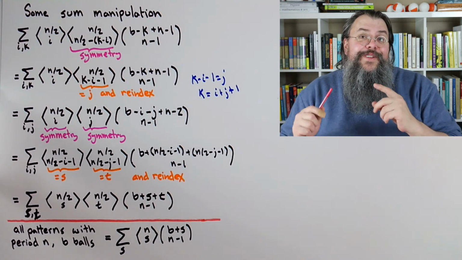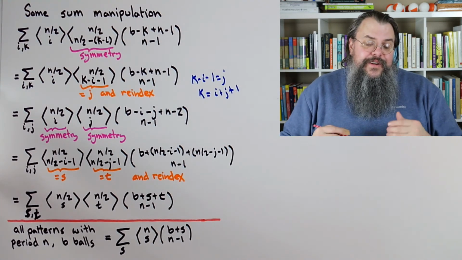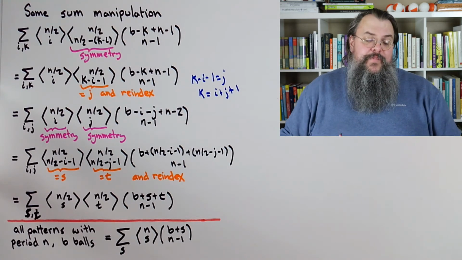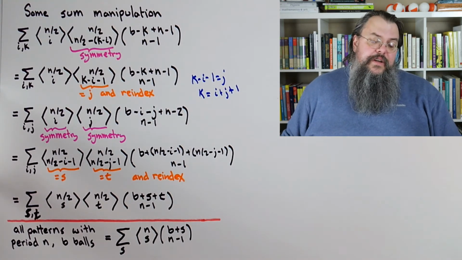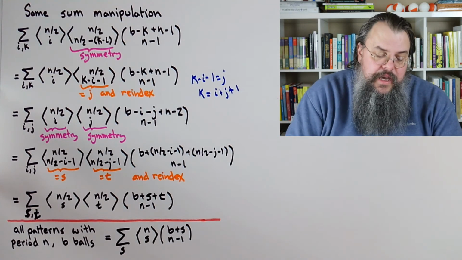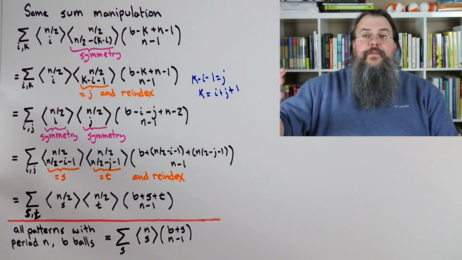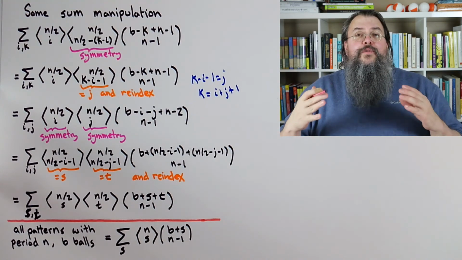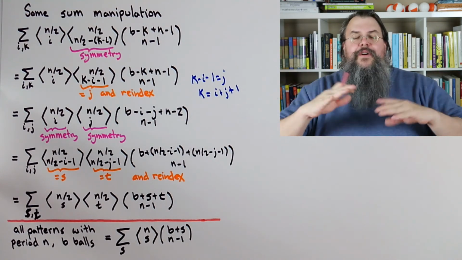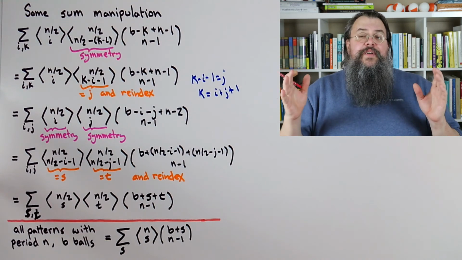One reason why I do like this formula is there's something interesting going on. In particular, let's go back to what we did before, where we said, suppose we just want period n and b balls, no restrictions. How can we rewrite it?